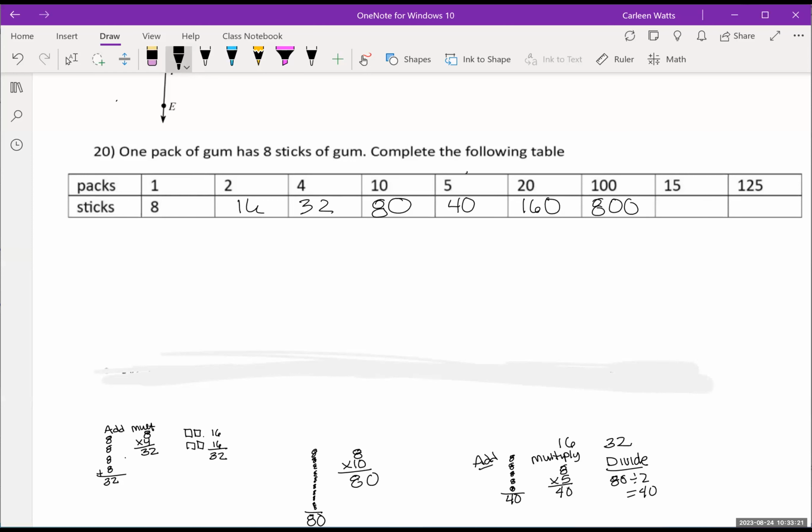For 15, I could add the 10 and the 5 together. And for 125, I could add 105 and 20. How much is that? 800, 160, 40, and 1000. Okay, we're done. Or you can just multiply by 8. But this is what we're going to be doing. We're going to be trying to think of things with multiple pathways.